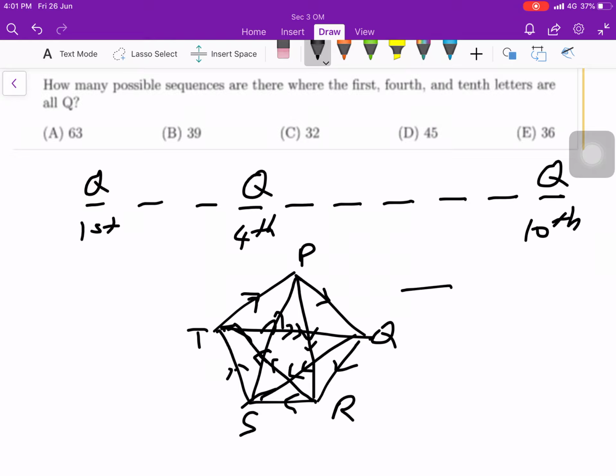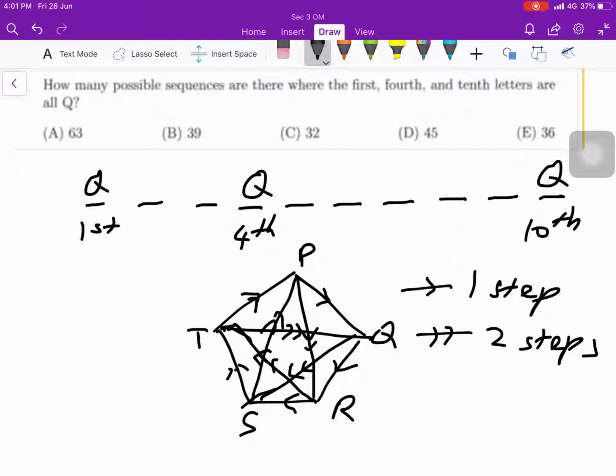In this case, one arrow represents one step, and a double arrow represents a 2-step move. Therefore, how do you ensure that the fourth and the 10th letters are Q?